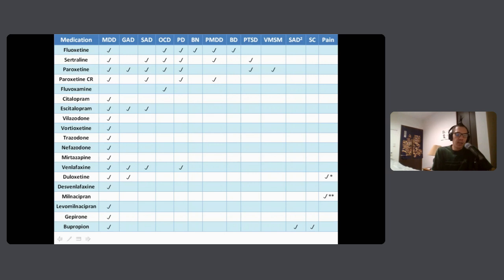Now, does that necessarily mean that another medication might not also be helpful? Or might it mean that fluoxetine might not be all that helpful either, but it just was statistically significant, right? So in some respects, you have to take some of these FDA approvals with a grain of salt, but it is a big deal to be FDA approved for something.